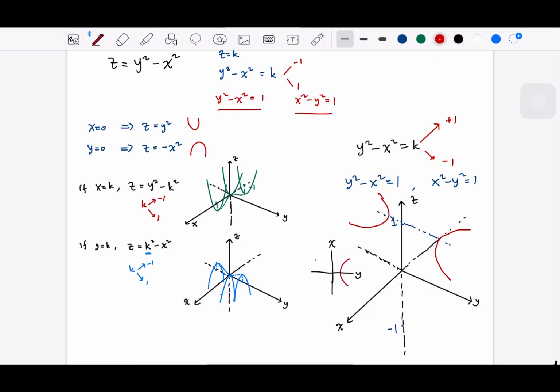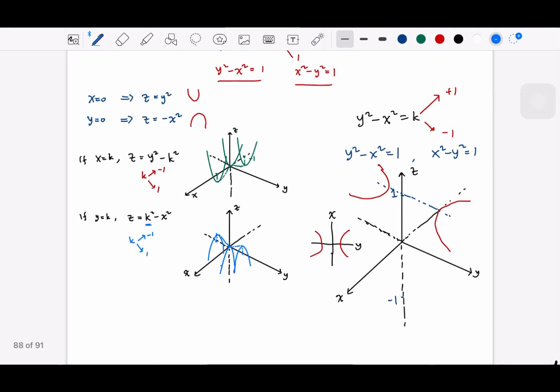This is going to be this way, okay? You could relate this to the conic sections, the hyperbola, okay? And then when z equals negative 1, it goes through here. Okay. And in our picture, if we see from the top side, it will be that way.